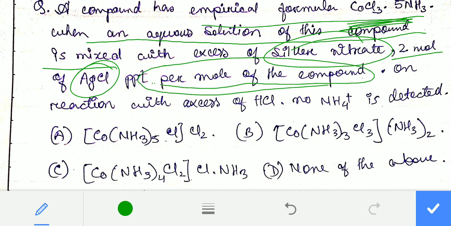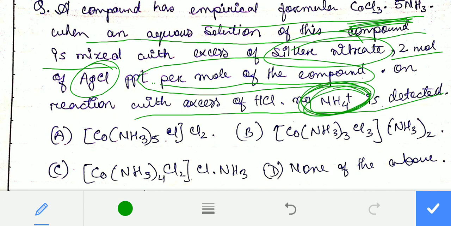So for 1 mole of this compound we will get 2 moles of AgCl. This is a very simple question. On reaction with excess of HCl, NH4 plus is not detected. This is a key point here: NH4 plus is not detected.